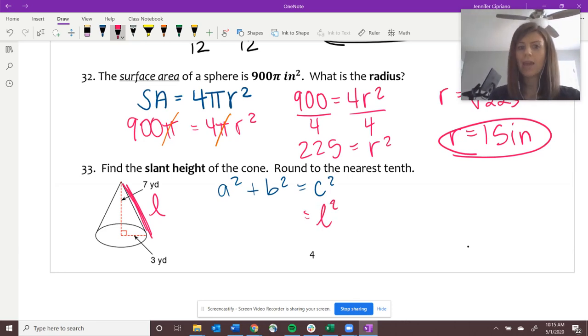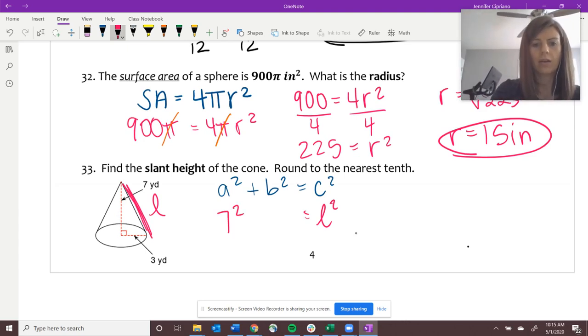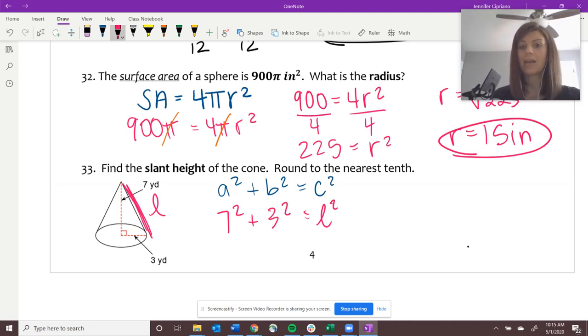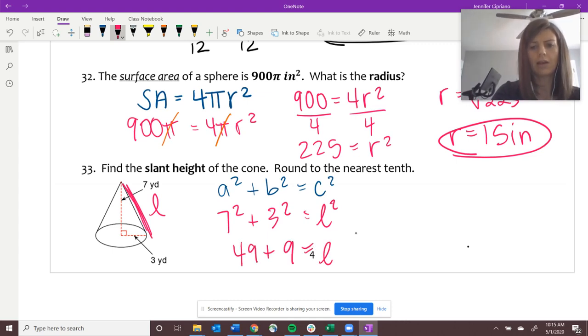The a and the b are the 7 and the 3. They're the two sides of the right triangle. So 7 squared plus 3 squared equals the slant height squared. So this would be 49 plus 9 equals L squared. 49 plus 9 is 58.